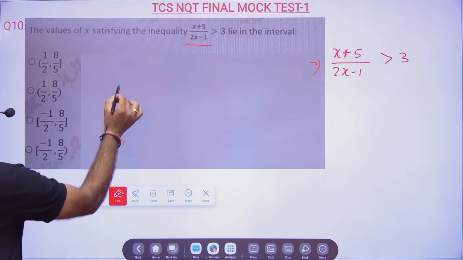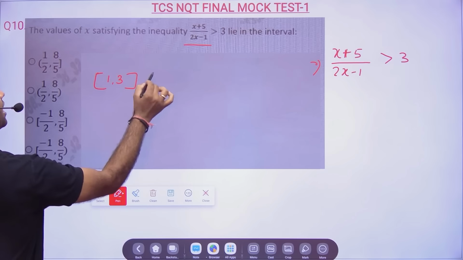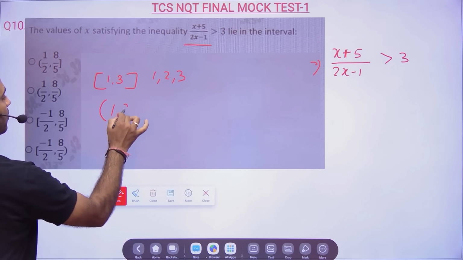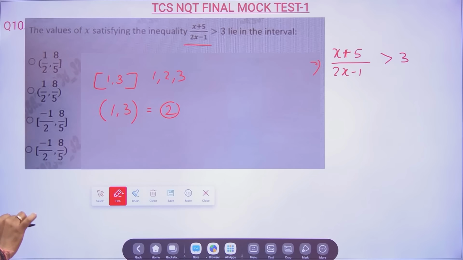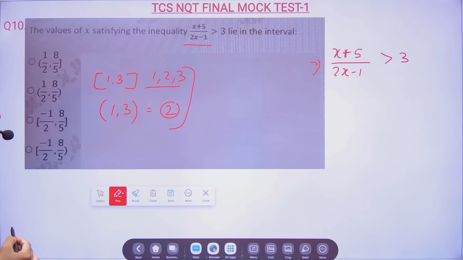If I write 1, 3 in square brackets, that means the numbers 1, 2, 3 are included. If I write 1 comma 3 in round brackets, that means the number will be only in between 1 and 3, correct? Got it? So that is the meaning of this.